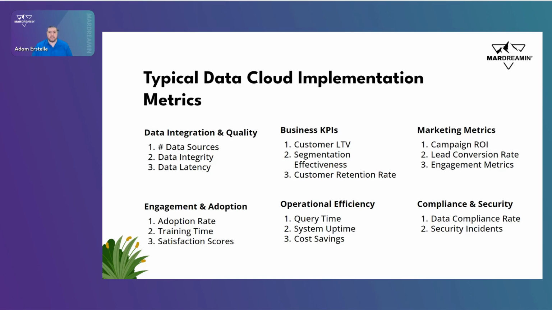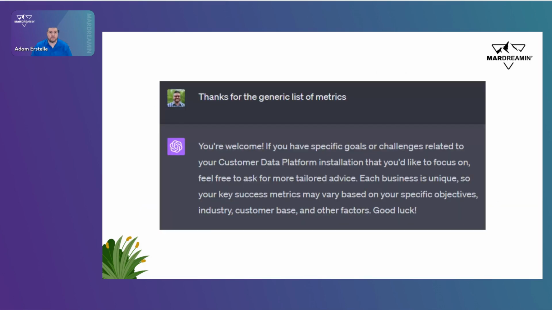And you'll get a list very similar to this. You can measure your data integration quality. You can measure KPIs. Hopefully nothing on the screen here is novel or surprising. They are a little bit generic, and you might think that I used a little help to get something like this put together, and you would be exactly right.